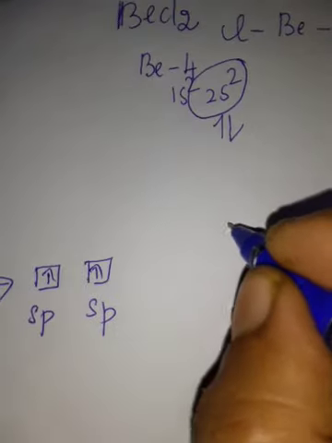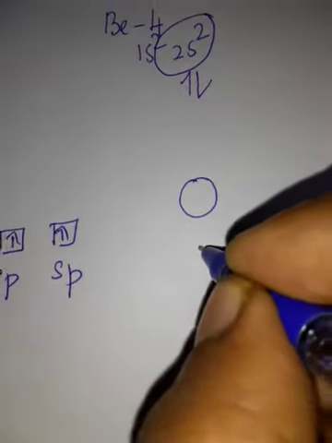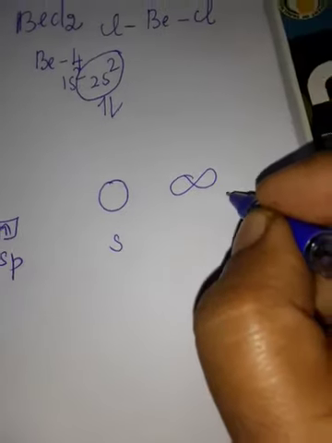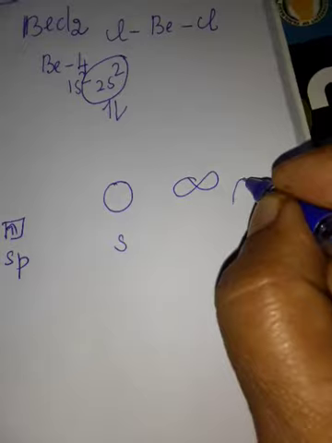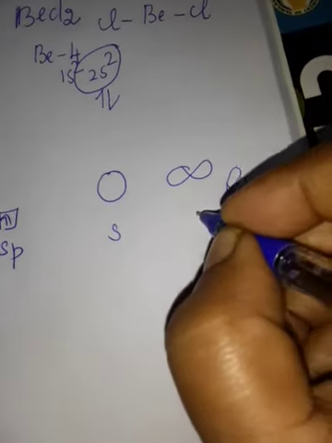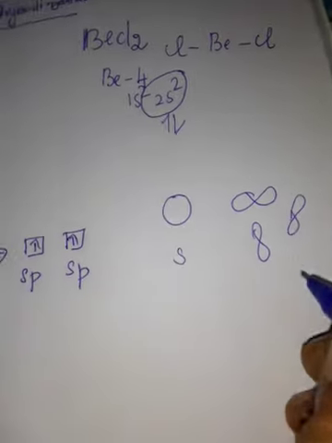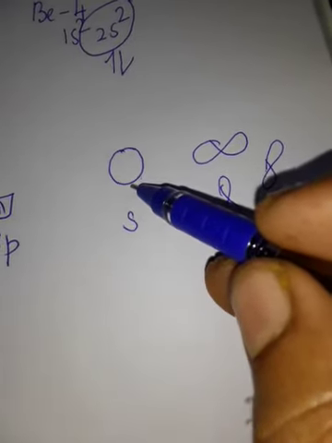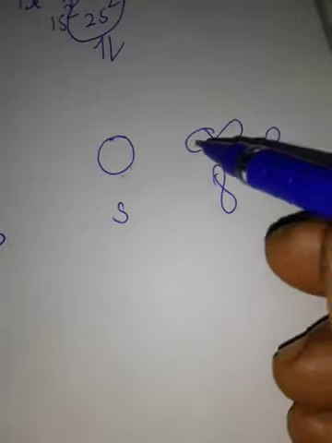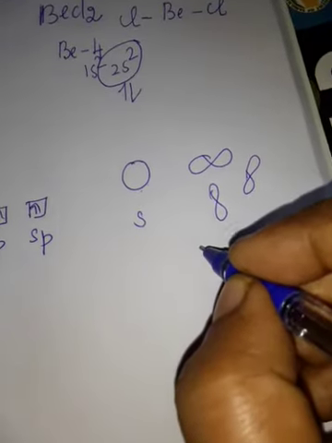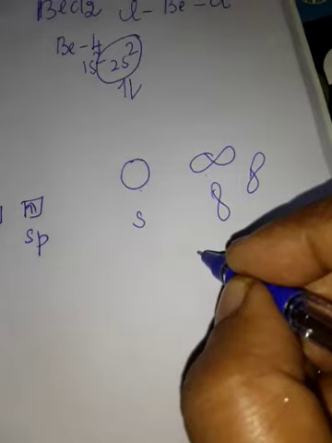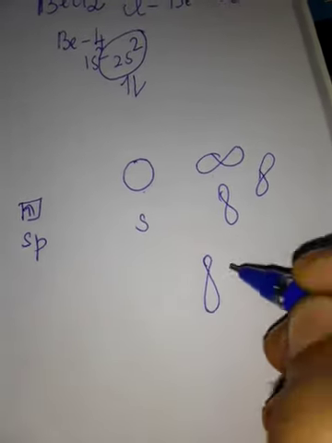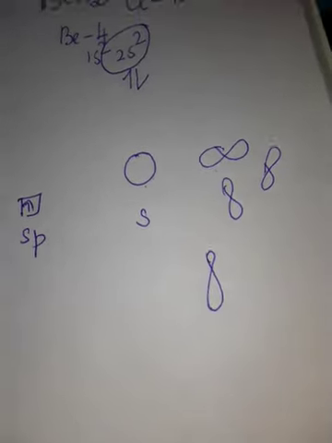You know s is spherical in shape, p is dumbbell in shape, this is X, this is Z, this is in Y direction. When s orbital and p orbital get overlapped, we'll get the shape like this.